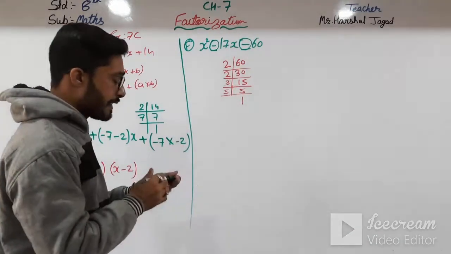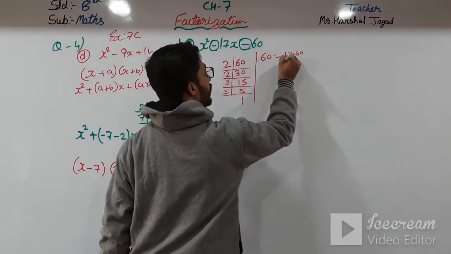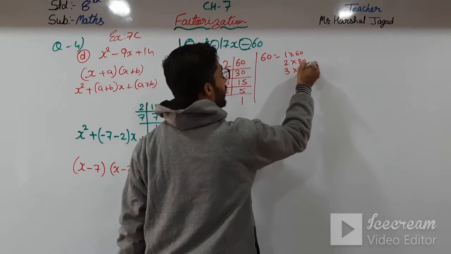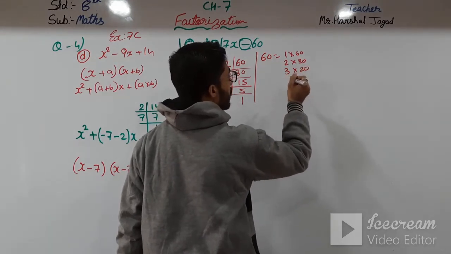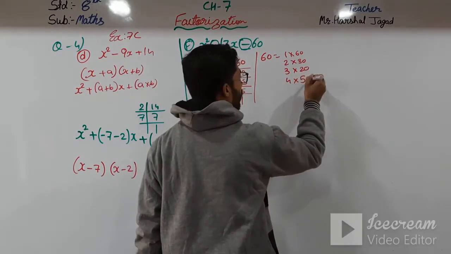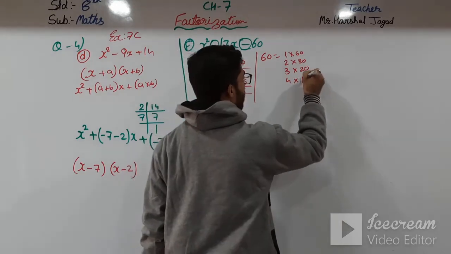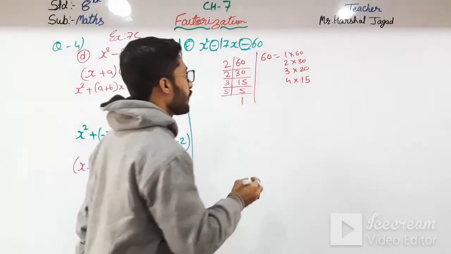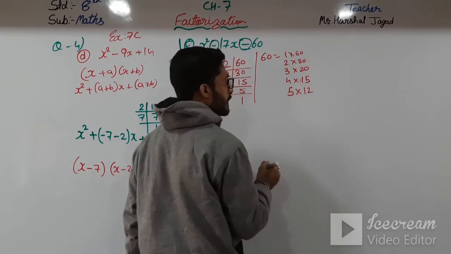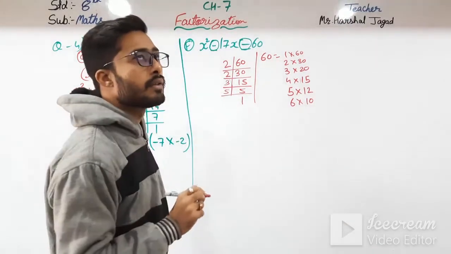Now, if we take out the product, 60 is equal to 1 into 60, 2 into 30, 3 into 20, 4 into 15, 5 into 12, then 6 into 10, then 7 not, 8 not, 9 not, 10 not.